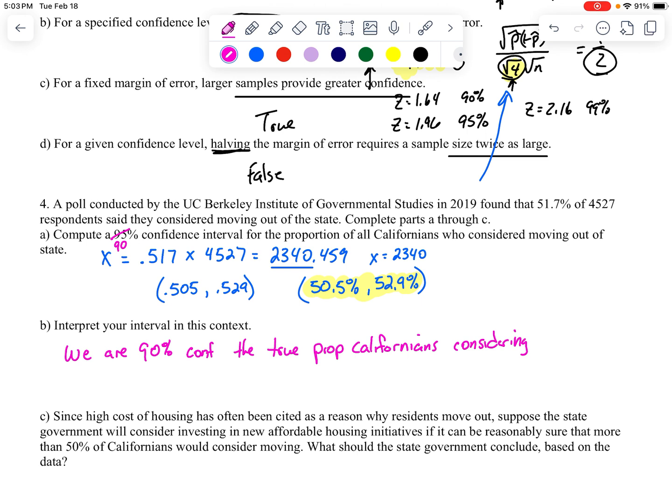This is our ability to figure out what our population is. It's the proportion of all Californians considering moving. It lies between 50.5% and 52.9%.